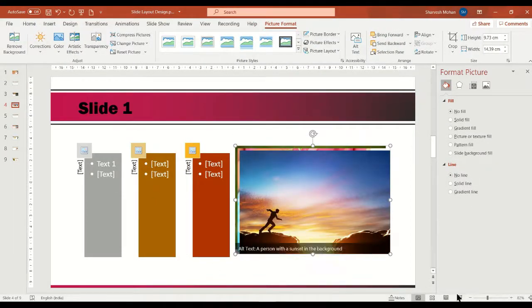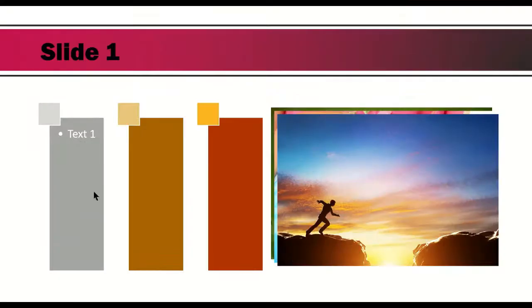Okay, our slide looks like this. We can add any contents over here, and our picture will look like this. We created the third slide. Let's move on to the next slide.